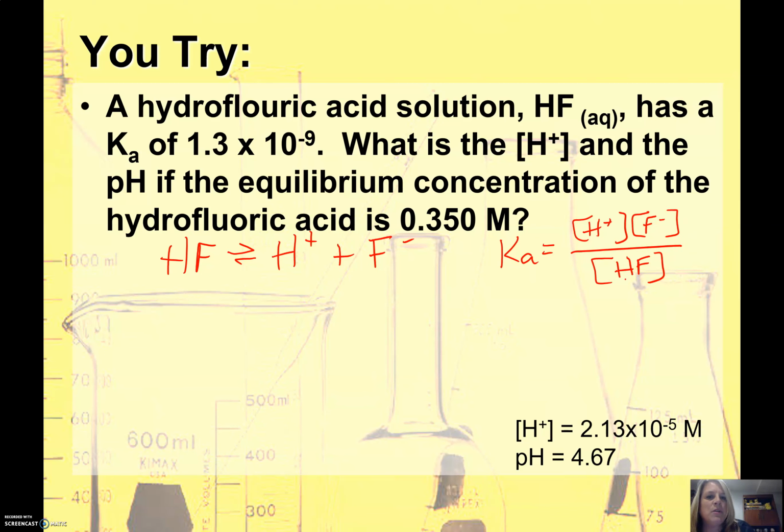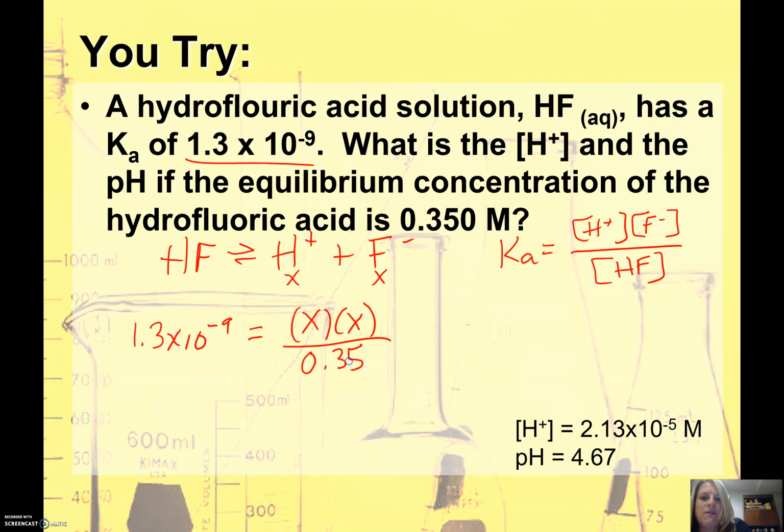Just plug in your numbers, and for the H and for the F, we're just going to put X's. So the Ka we're given, that's our 1.3 times 10 to the negative ninth. That's equal to X times X, or you could just write X squared, divided by the concentration of the acid, which is 0.35.